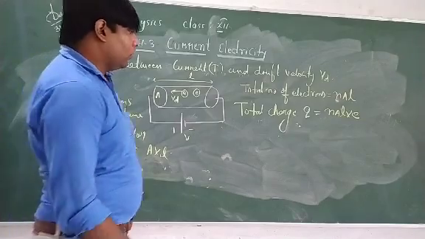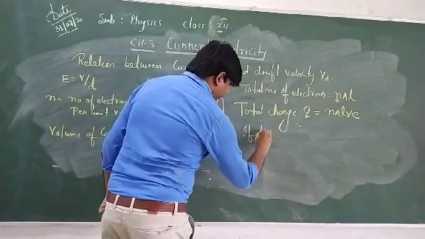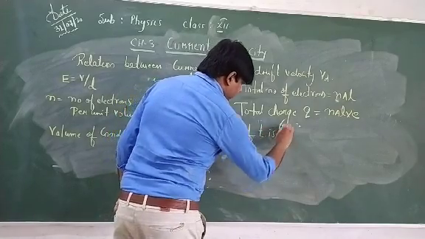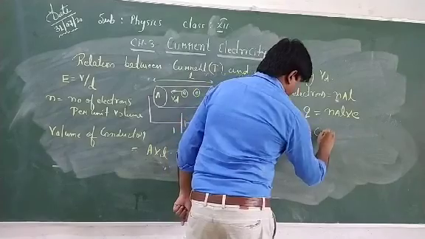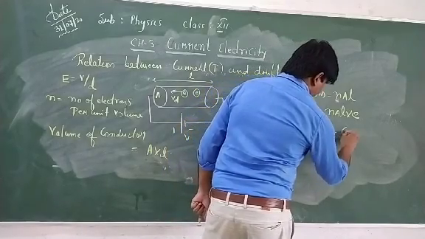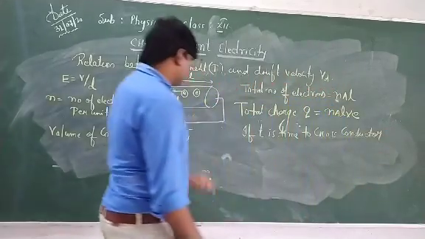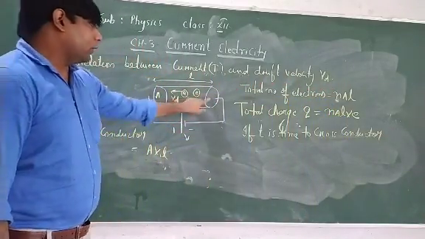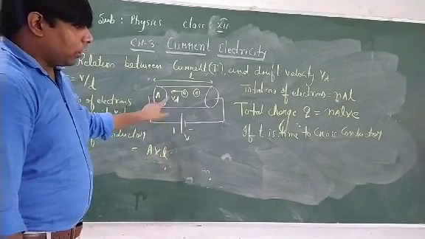Now if the charge is crossing the conductor from this end to the other end, how do we write it?